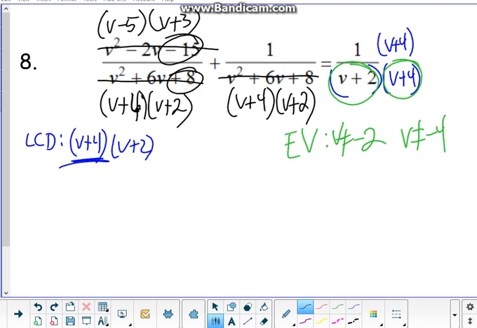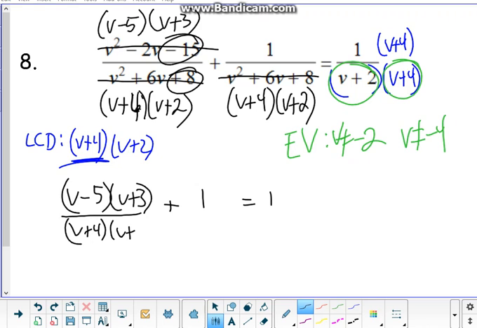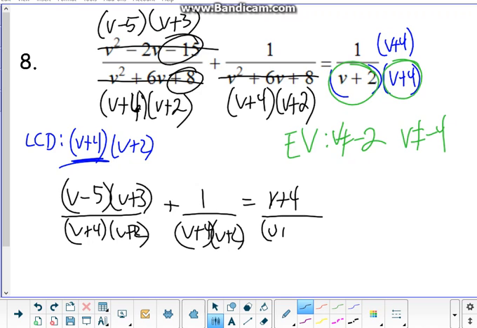Next step is to multiply everything by top and bottom. So we've got v minus 5 times v plus 3 plus 1 equals 1, and everything here is being divided by v plus 4 times v plus 2. This one is v plus 4 plus v plus 2. And I forgot about this one. I did multiply this by v plus 4. 1 times v plus 4 is v plus 4.